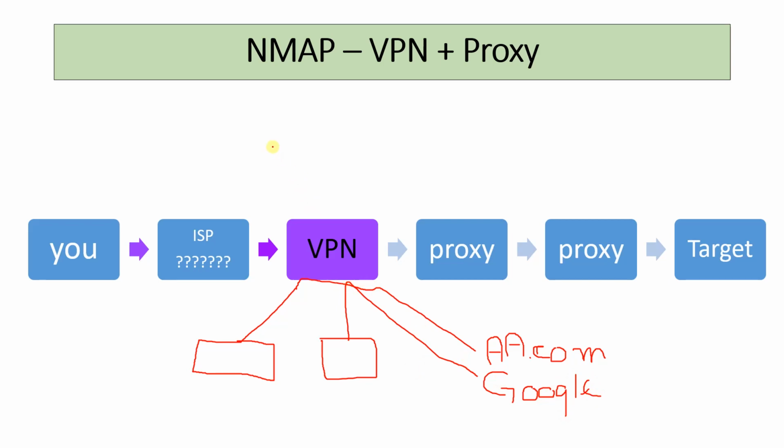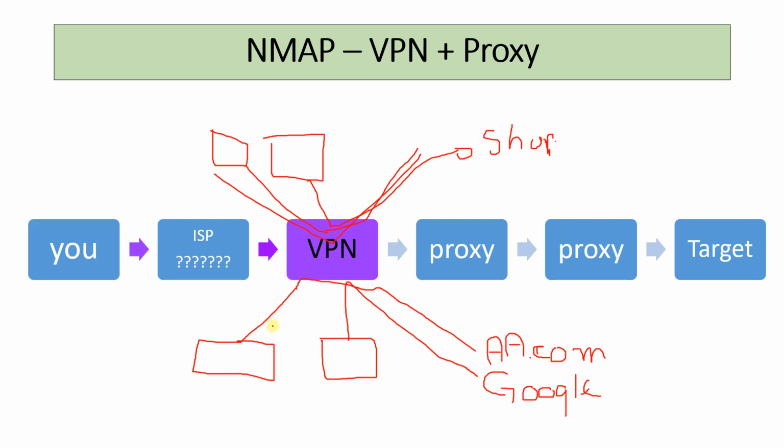Another person goes through, I don't know, shopping. And more computers come to the VPN and go somewhere else. After a while, we have so many people coming to the VPN and going somewhere else that the volume of traffic going out of the VPN is so large that it's going to be very hard to find out who you are between all this traffic.